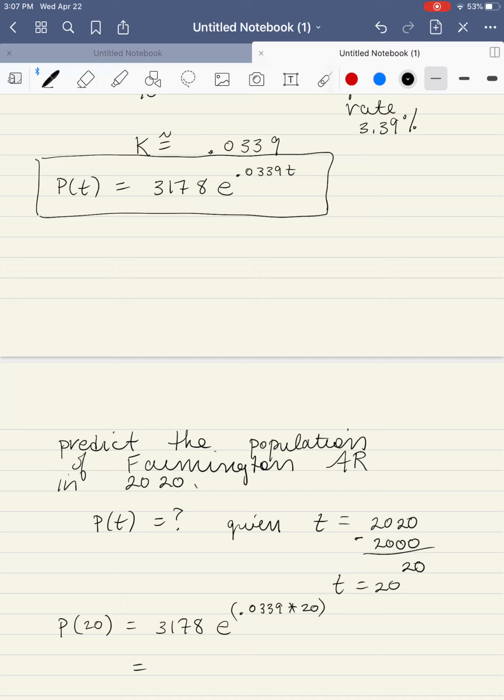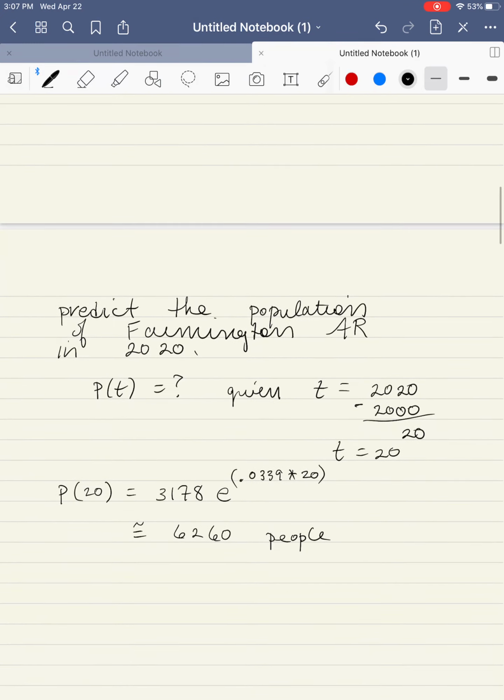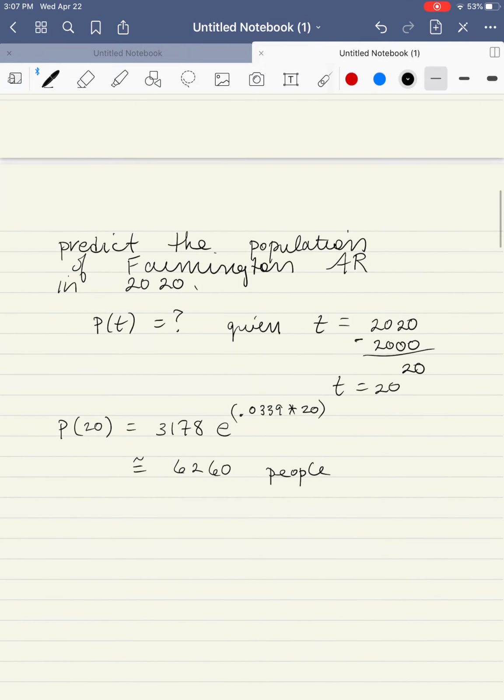So plugging that in, I have 3178 e to the 0.0339 times 20. And I have approximately equal, and I'm just going to round to the nearest person here, 6,260 people living in Farmington, Arkansas, according to this model.